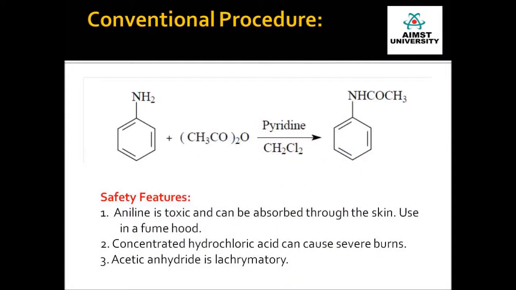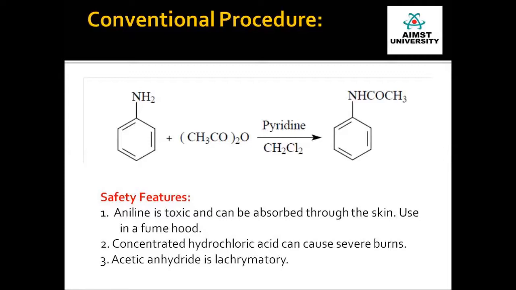Now let us see the conventional procedure to synthesize acetanilide. Usually, acetanilide is synthesized using aniline and acetic anhydride in the presence of pyridine and dichloromethane. Before starting the experiment, we need to concentrate on certain safety features. Aniline is toxic and can be absorbed through the skin.